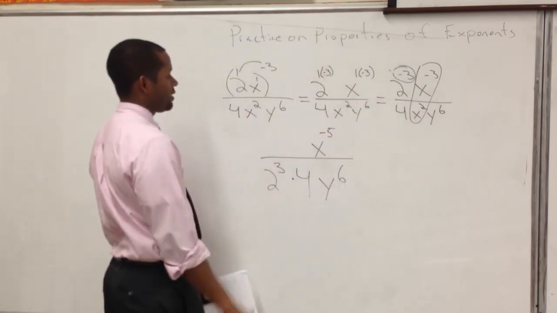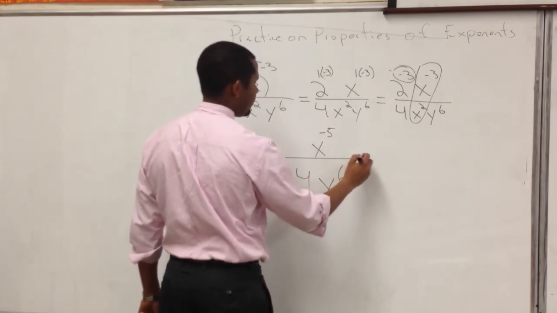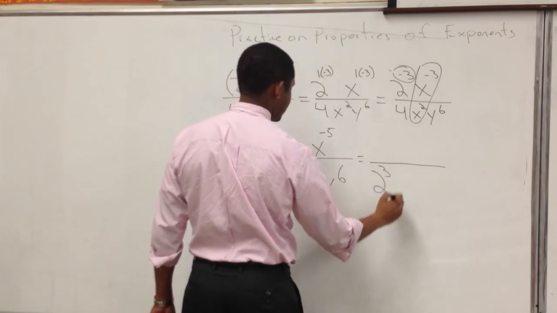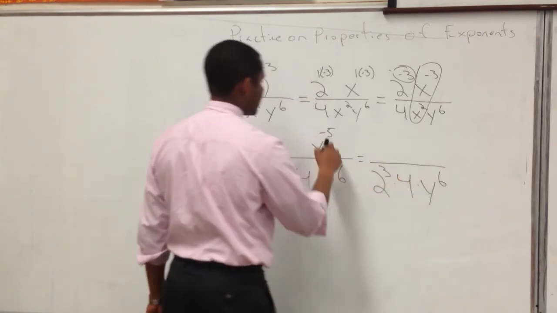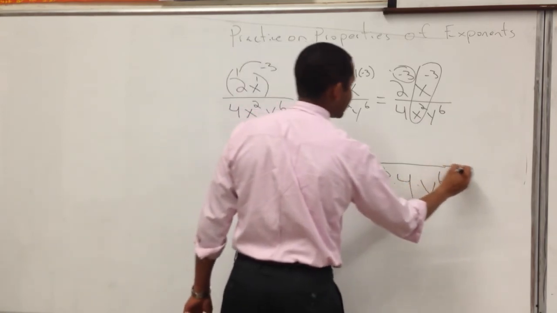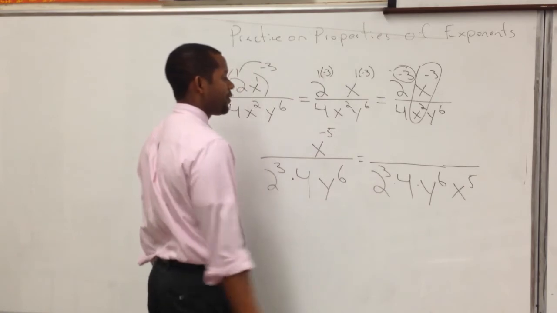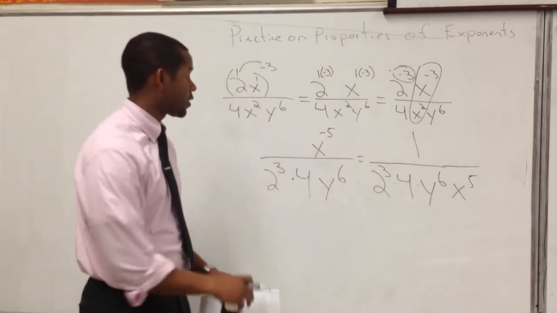Now I'm looking at this and I'm saying, well, I don't want this negative exponent. So let me go ahead and move it to the bottom. 2 to the third looks good. Times 4 looks good. Times y to the 6th looks good. I want to get rid of this x to the negative 5th, so I move it to the bottom. Nothing's left on top. So I put it over 1. Okay?